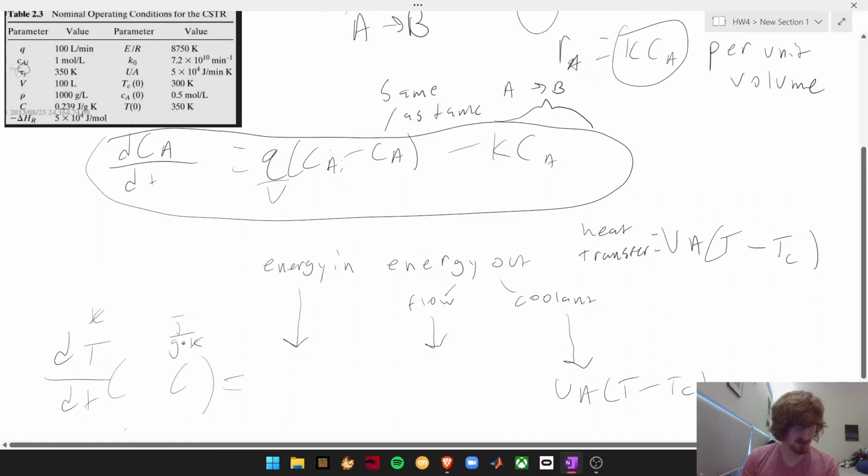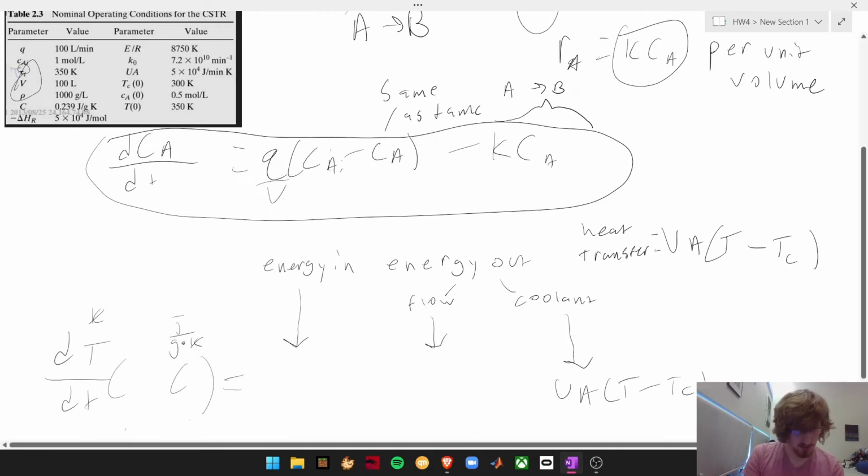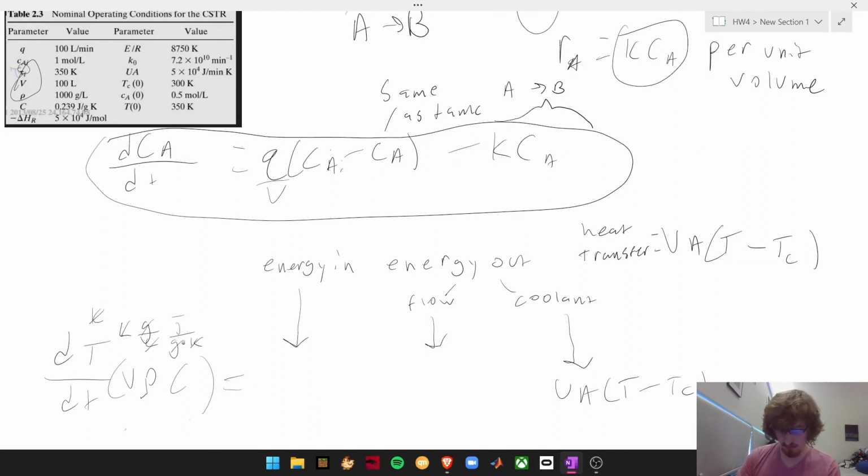But we don't have anything that's explicitly grams by itself. But what we do have is density and volume. And when you multiply density and volume, you are left with liters on this side, and then we'll also have grams per liter. And those liters will cancel. We're left with grams. Those will cancel, and then overall we are left with joules. On the right side, we don't have to do anything with the UA times T minus TC. That is totally fine how it is.